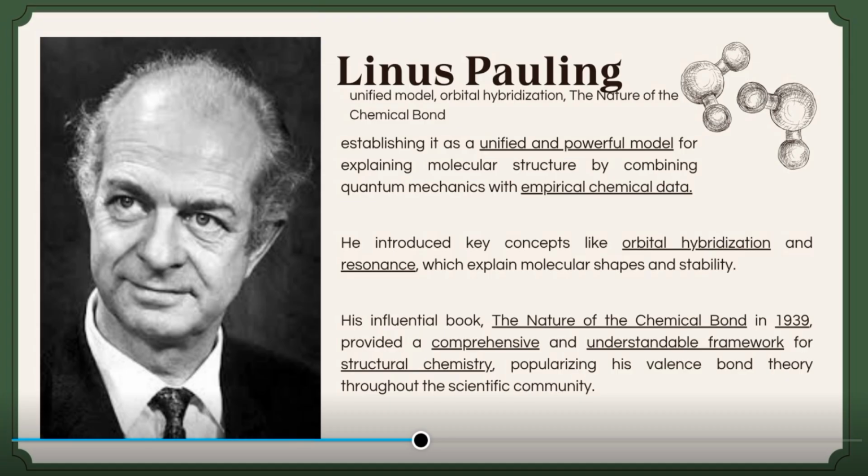In 1939, his book, The Nature of the Chemical Bond, became a landmark in chemistry, shaping how scientists view molecular structures even today. In short, Linus Pauling didn't just study bonds, he bonded chemistry and physics forever.